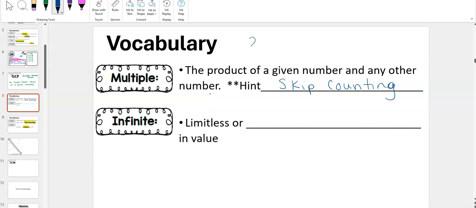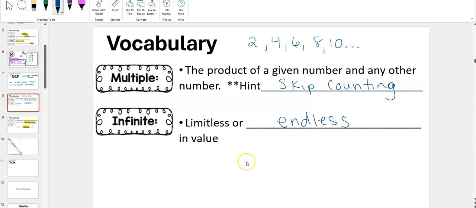So if I want to find the multiple of 2, I'm skip counting by 2s. 2, 4, 6, 8, 10. Those are multiples of 2. Okay? Nice thing about multiples is they are infinite. They go on forever and ever. They're limitless or endless in value. So I can list my multiples forever and ever and ever.